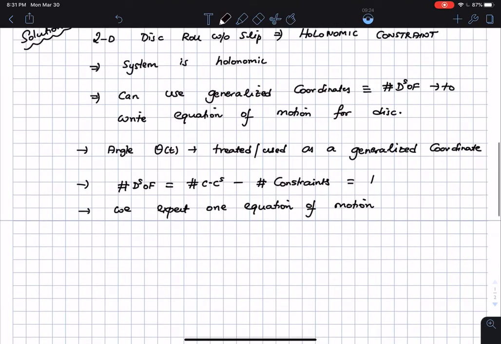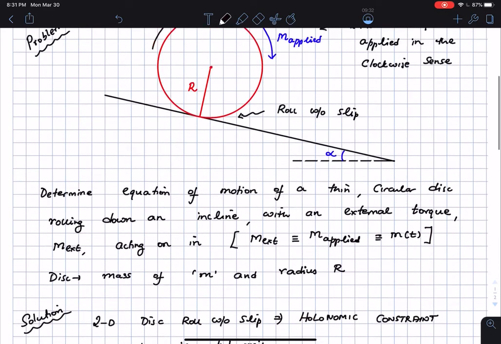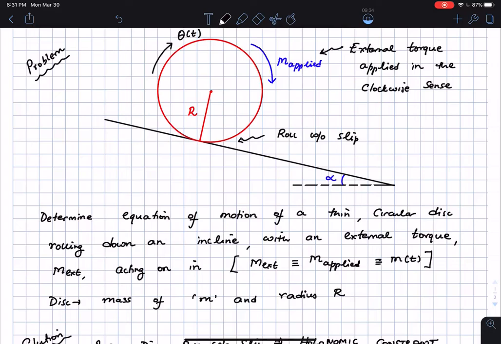All right, and a very quick rundown of the constraints that are typically in this problem: the height of the center of mass is at a fixed distance capital R from the inclined surface. So that's one constraint. The other constraint is the rolling without slip.